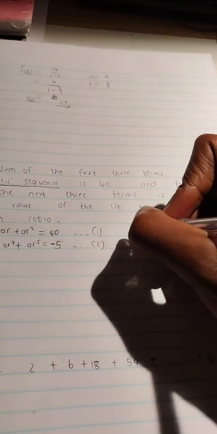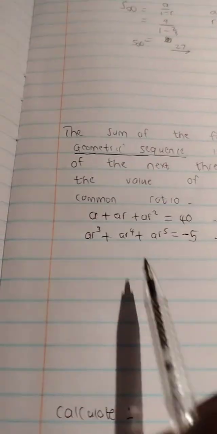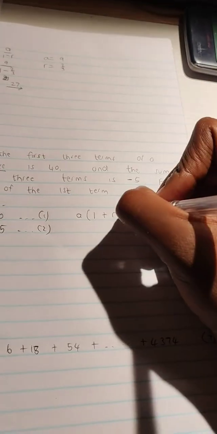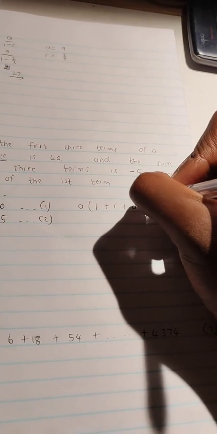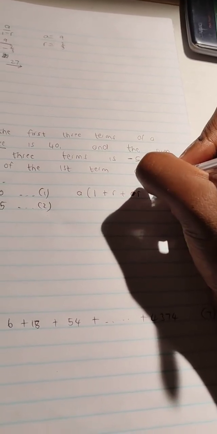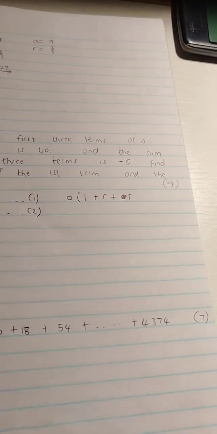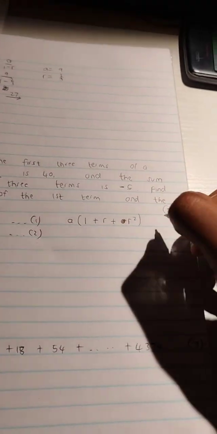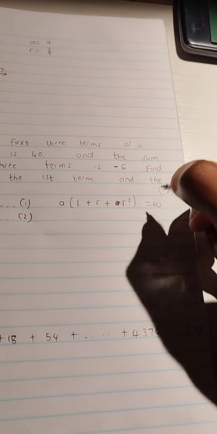So if we take out A, then what are we left with? 1 plus R plus R squared, which is equal to 40.